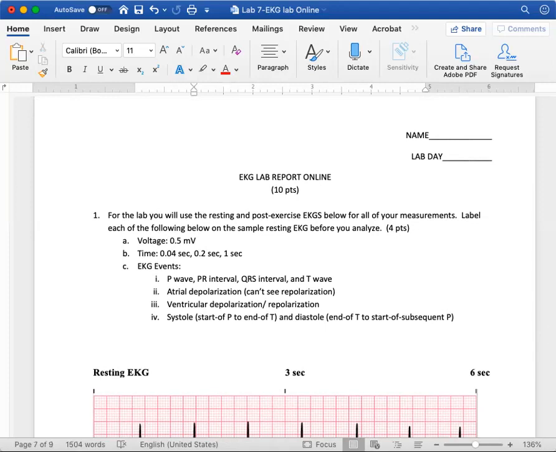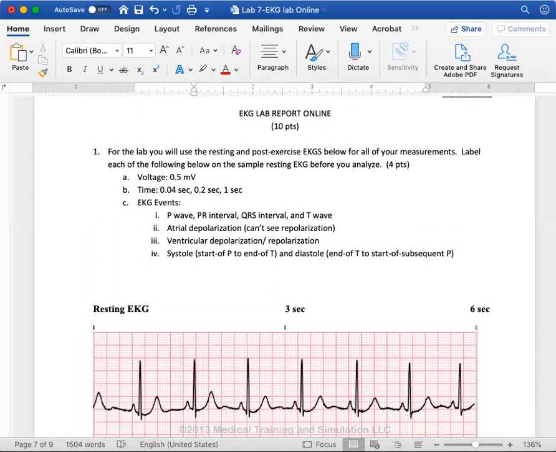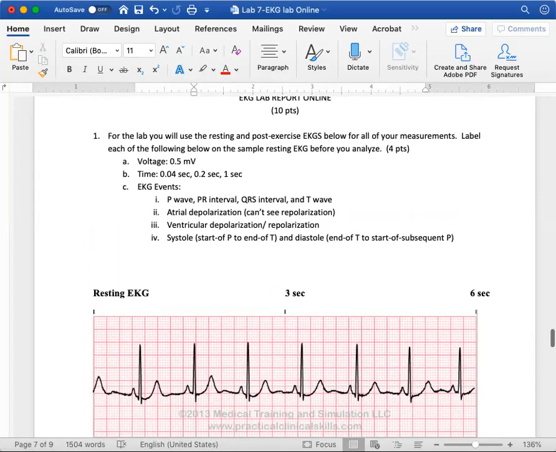For the lab, what you would have done is you would have taken a resting EKG on one of your group members, and then you would have had them exercise for a couple minutes and come back and take a post-exercise EKG. So I have put those in here for you guys. What I want you to do on the resting EKG and the post, you can label both of them for practice.